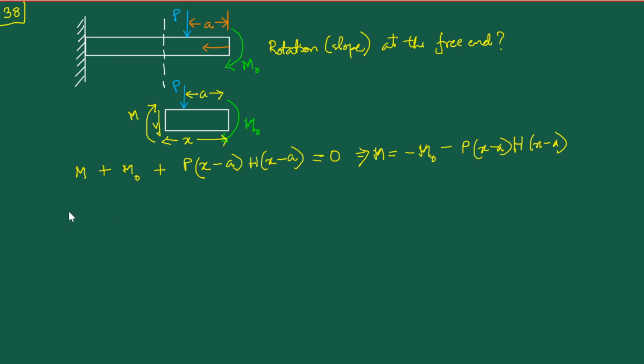Now we wish to find out the slope. So for that we use the formula which we had written in the previous page. Now this M is this entire thing that we can write.